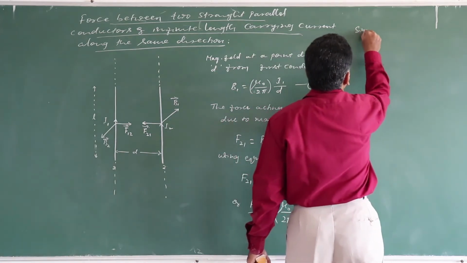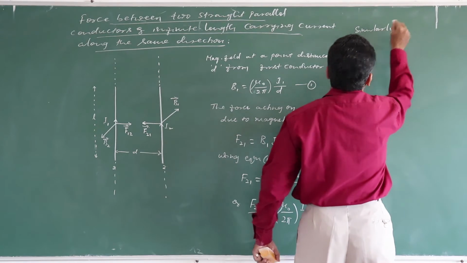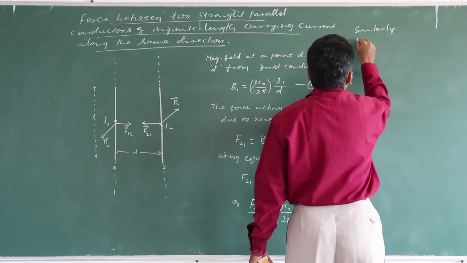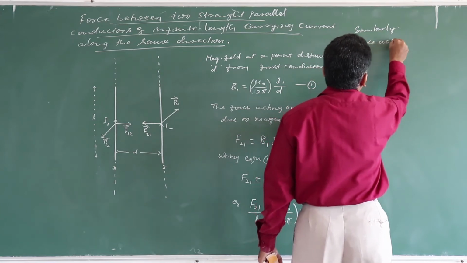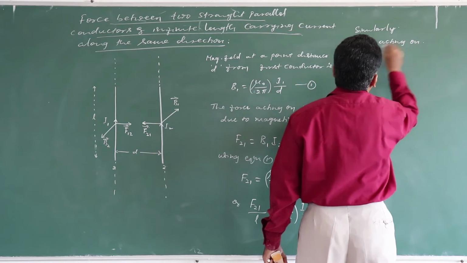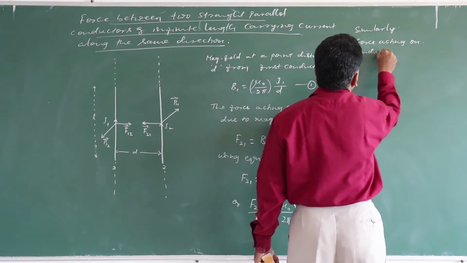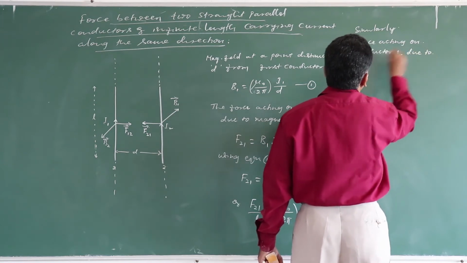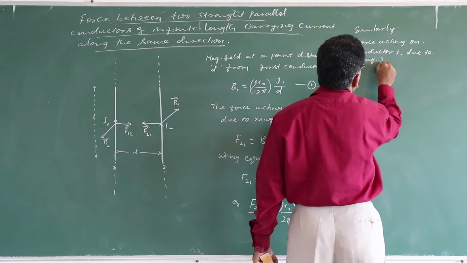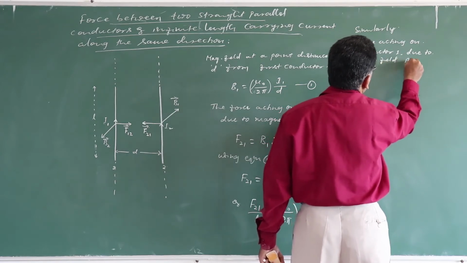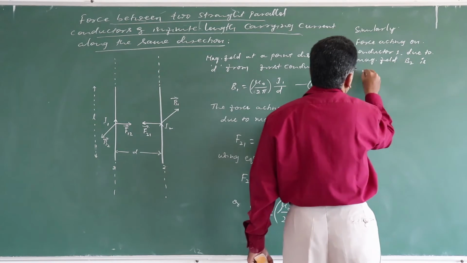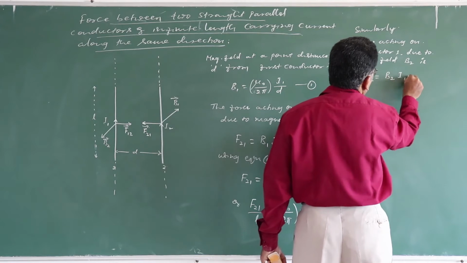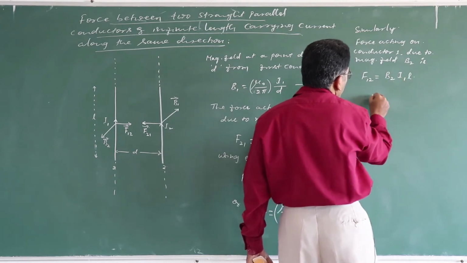Similarly, the force acting on conductor 1 due to magnetic field B2 is F12 equal to B2 I1 into L. What is this B2?